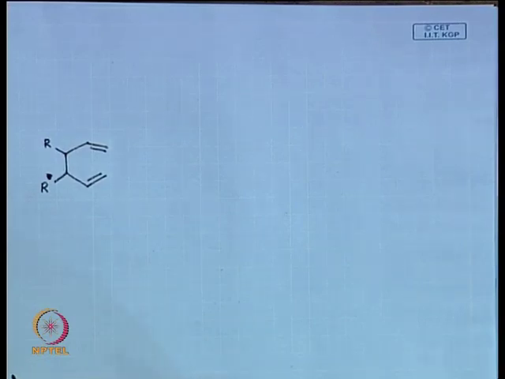I have two substituents, I kept two substituents. What are the products I can think of if I do a Cope? You get only one product, are you sure? Just asking, possible.